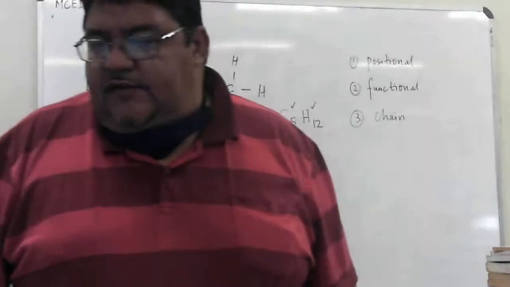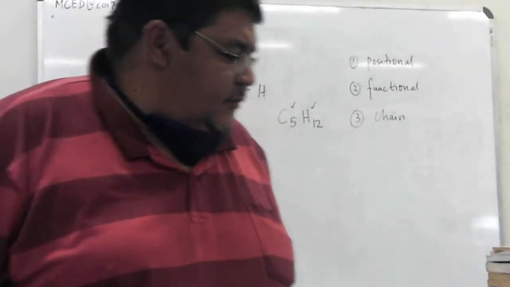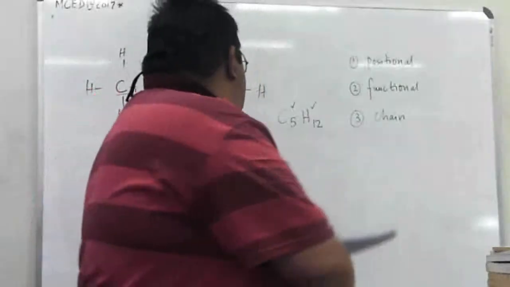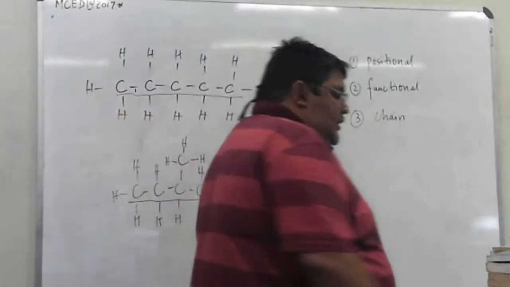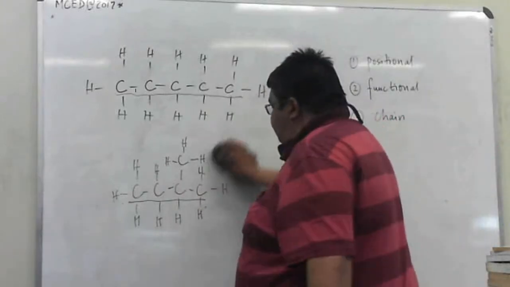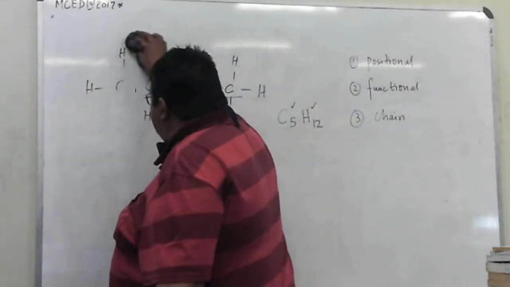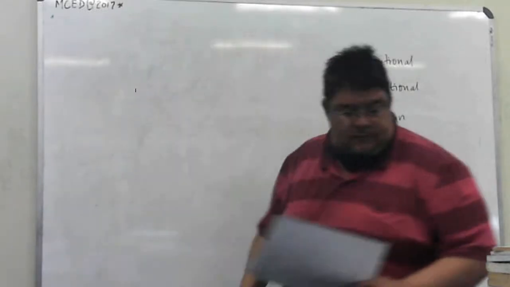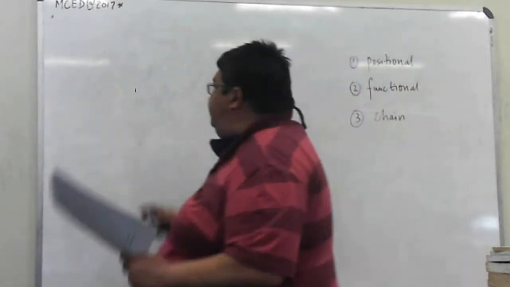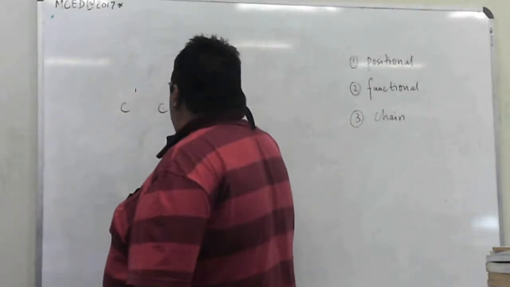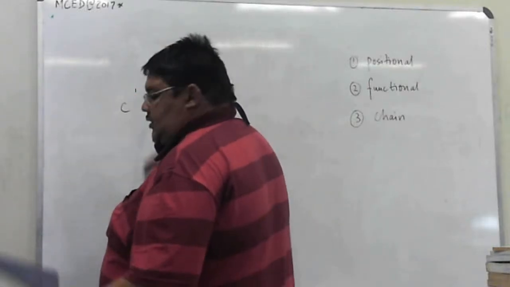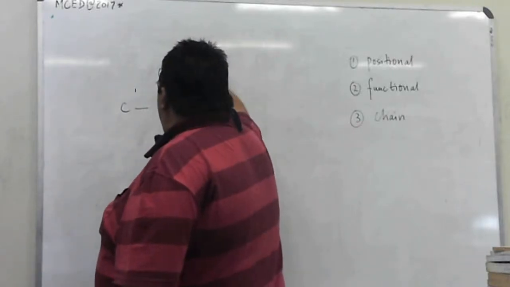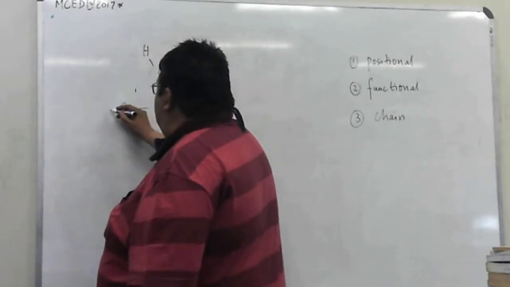Right. Draw the formula of a chain isomer of D. So let's look at D. If I look at D, 1, 2, 3 carbons, double bond, hydrogen, hydrogen.